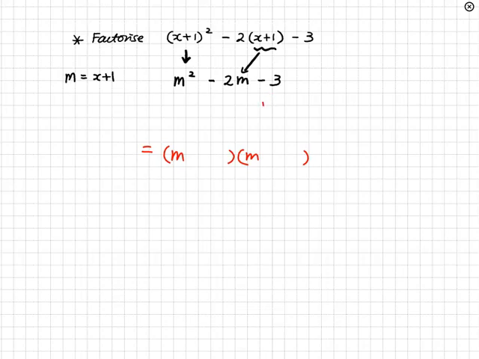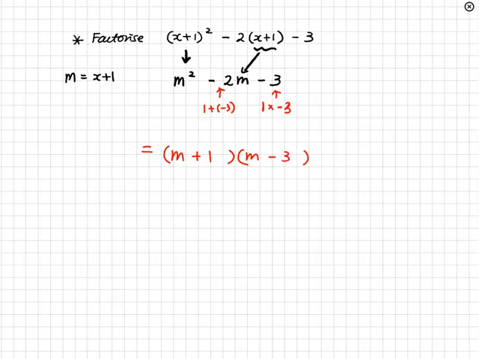We know that 1 times by 3 is 3. Which one is negative? We have to make sure these two add up to negative 2. So in order to get negative 2, my 3 has to be negative, because 1 plus negative 3 will give us negative 2, and 1 times by negative 3 gives us negative 3. So therefore, one bracket has positive 1 and one bracket has negative 3.